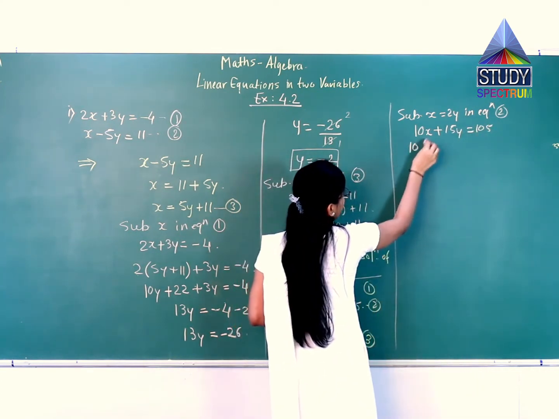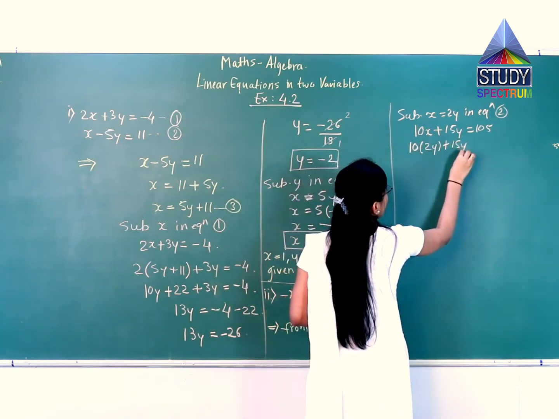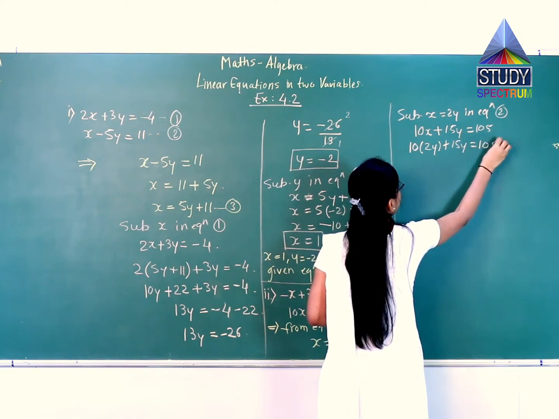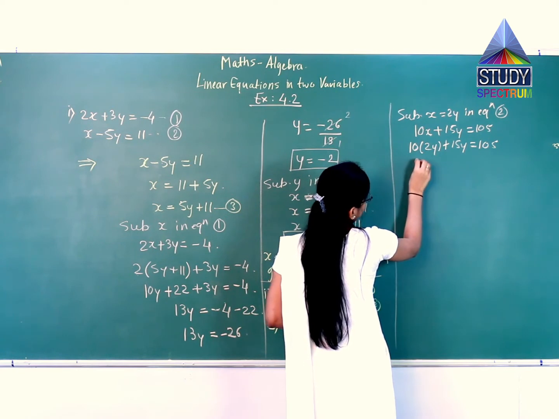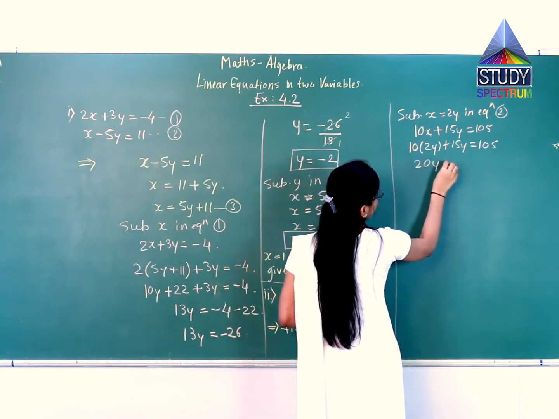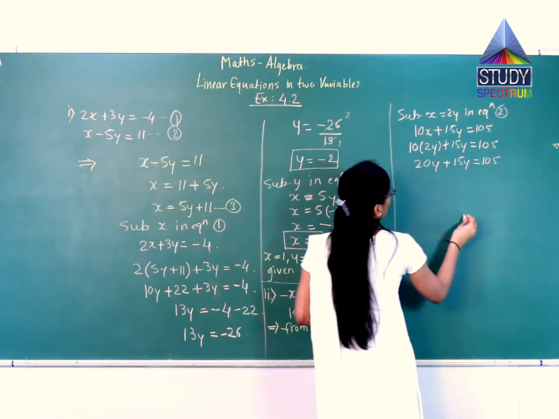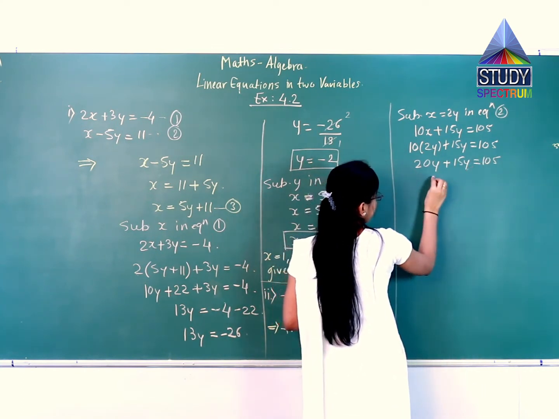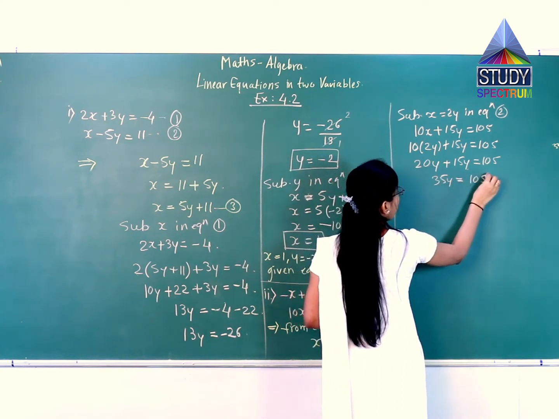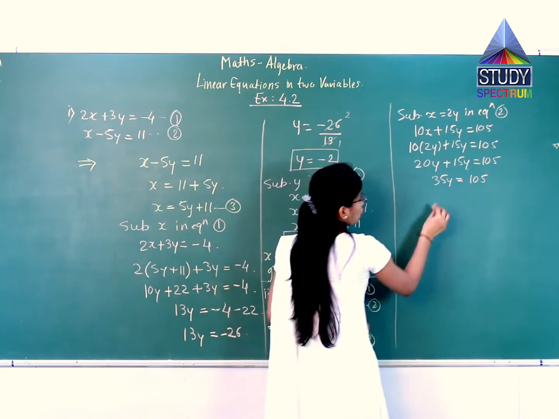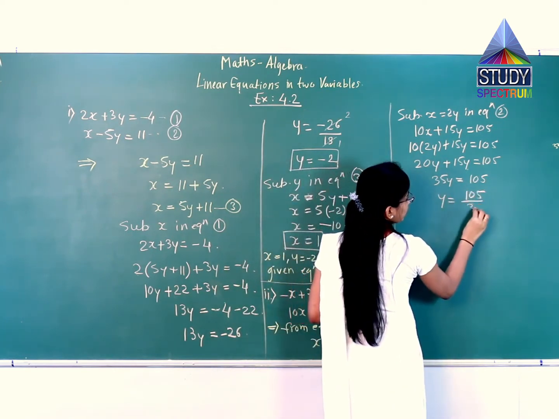So 10 instead of x, 2y, plus 15y is equal to 105. So 10 into 2, it will be 20y plus 15y is equal to 105. So 20 plus 15, so 35y is equal to 105. So y is equal to 105 upon 35.